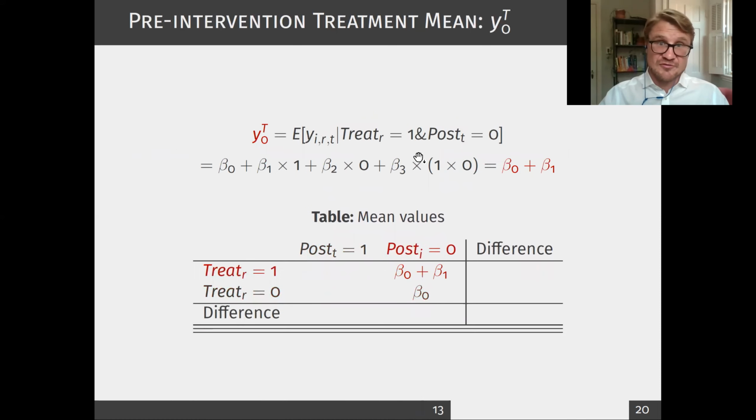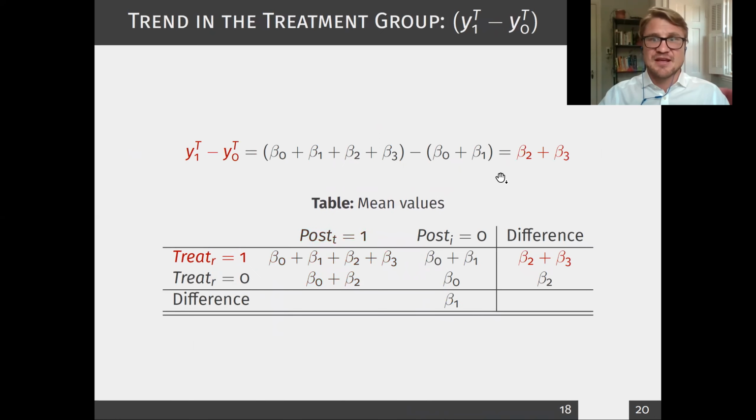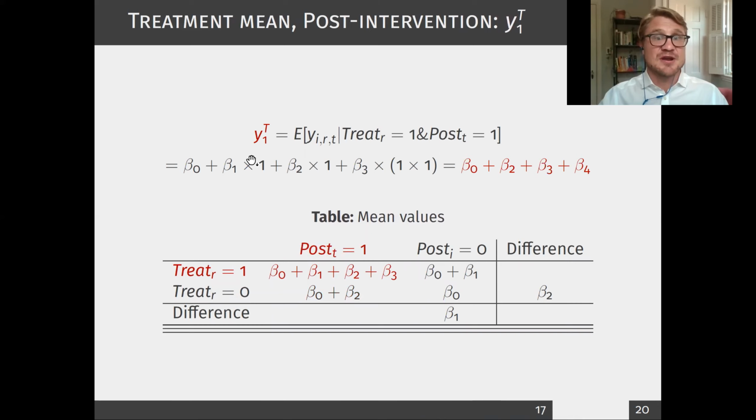So all of those terms actually stick. And we have a situation where the treated mean outcome in the post period for the treated group is just beta 0 plus beta 1 plus beta 2 plus beta 3. That was a mistake, there's no beta 4. Beta 0 plus beta 1 plus beta 2 plus beta 3.